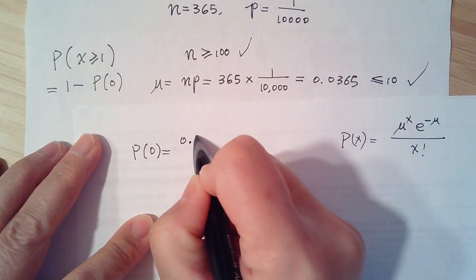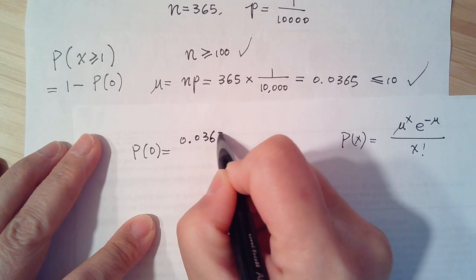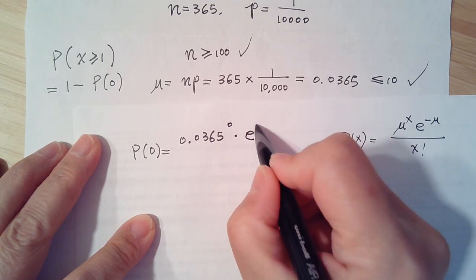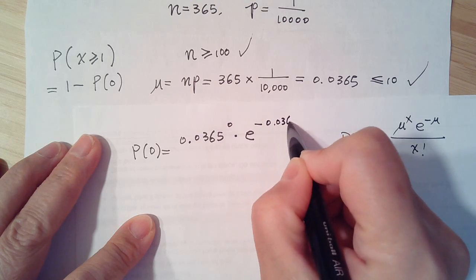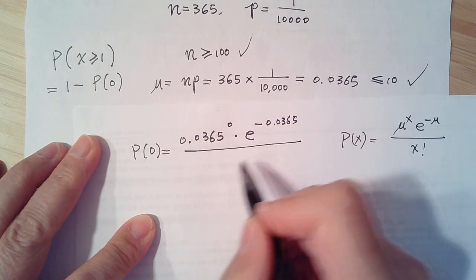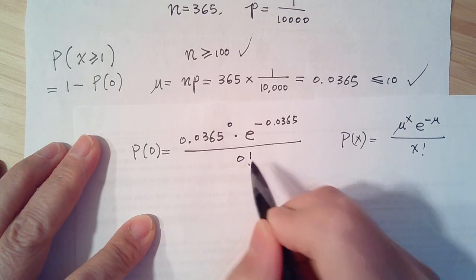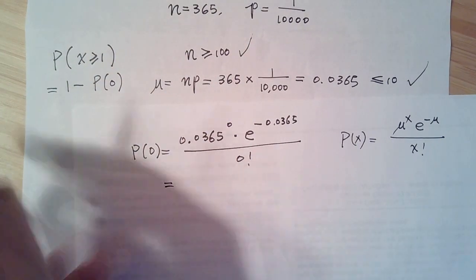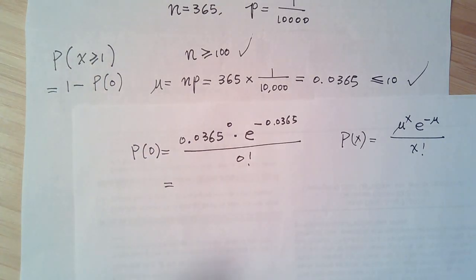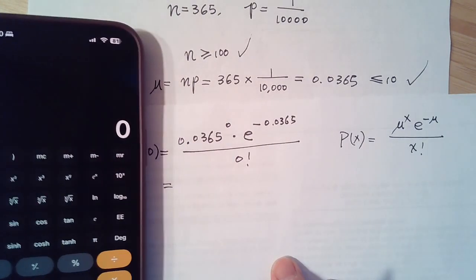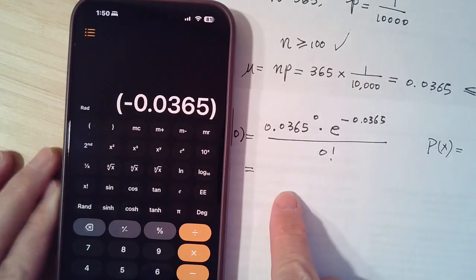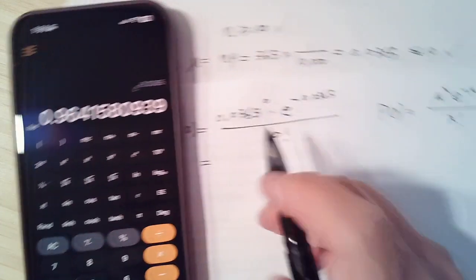Times e to the negative 0.0365, over 0 factorial. Here's a 1 and here's a 1, so we don't need to worry about that. We only need to calculate e to that power, which equals 0.9642.